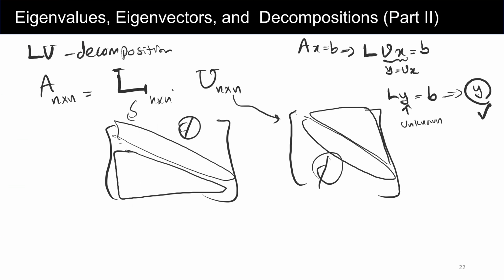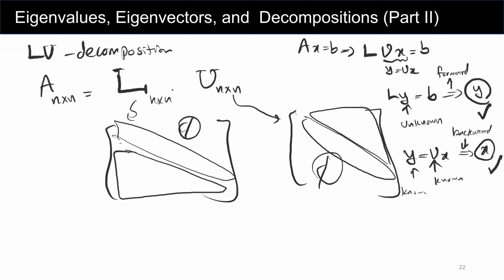After that we have y equal to Ux, where U is known and y is known, and we find the value for x. As we said, in the first step we use forward substitution. In the second step, we use backward substitution.